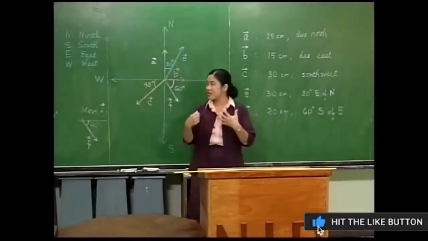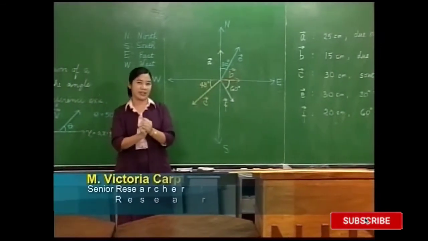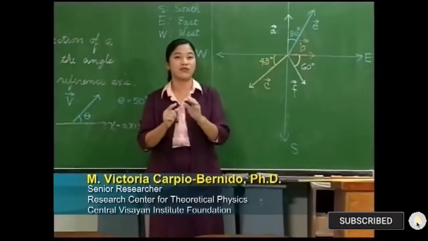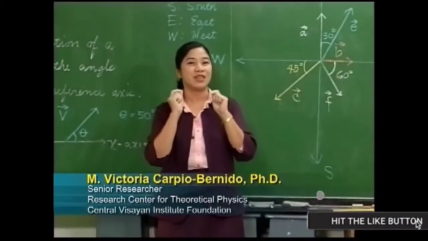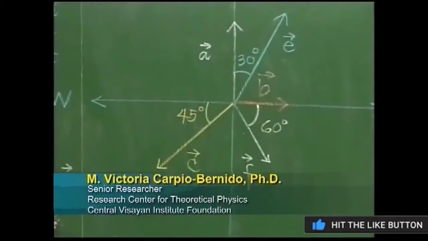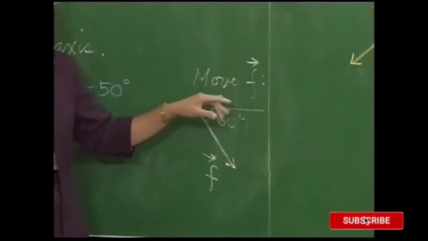So, let me just summarize again, because this is very, very important. Once you start doing velocity, acceleration, forces, then if you forget the arrow, for example, or you change the direction, then all your calculations will be wrong. And then you will get a very low grade.